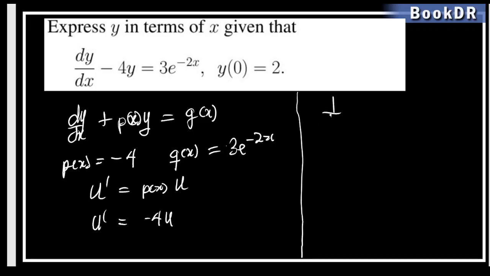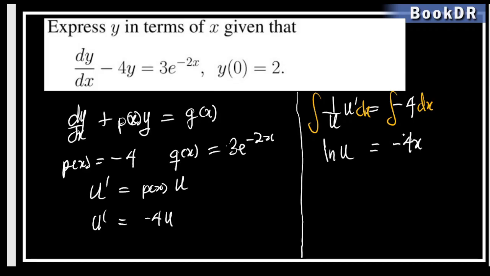We divide both sides by u to have 1 over u times the derivative is equal to minus 4. We integrate both sides with respect to x. Integration of the left will yield ln u, and integration of minus 4 will yield minus 4x.